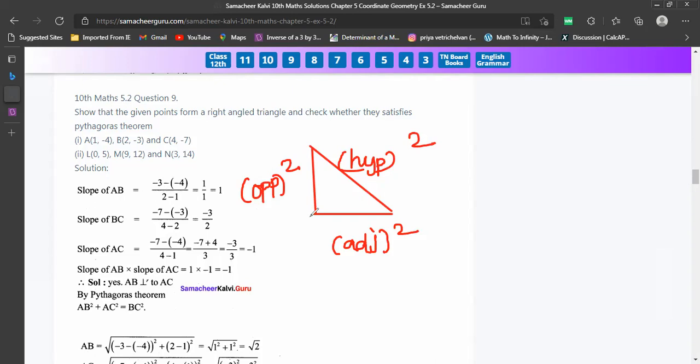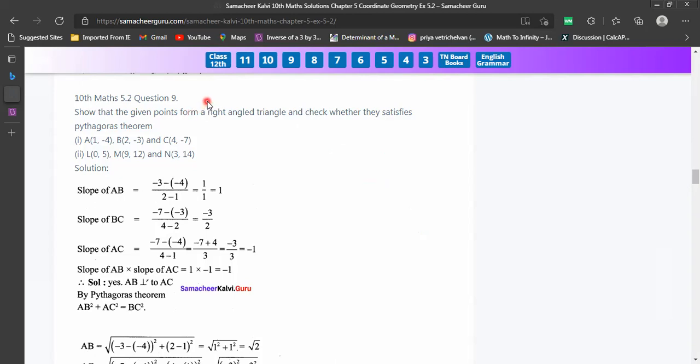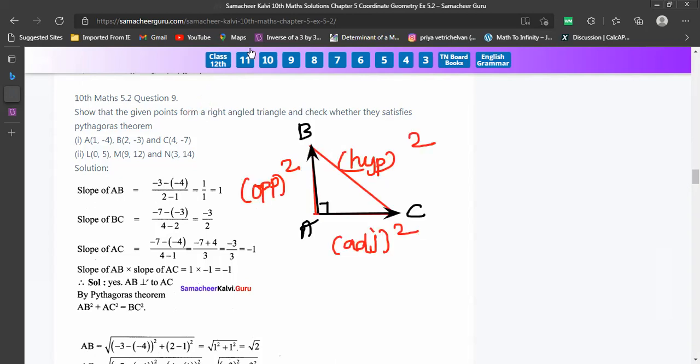In the triangle, you have three points A, B, C. If two lines are perpendicular to each other, we can say lines AB and AC are perpendicular. When two lines are perpendicular to each other, the product of their slopes will be equal to -1. That's what we learned in the previous question.